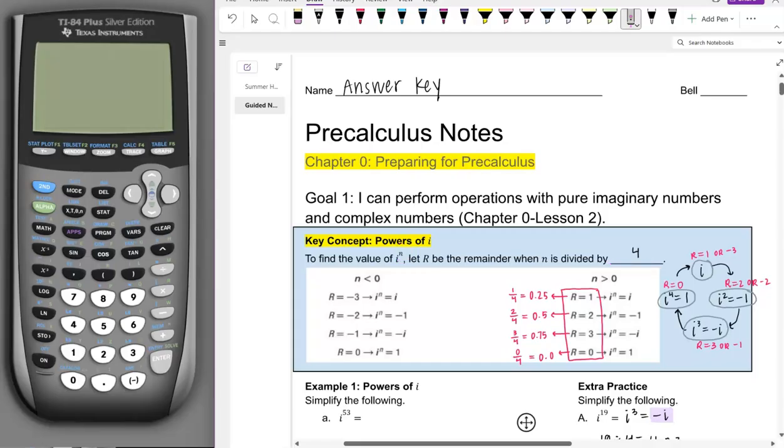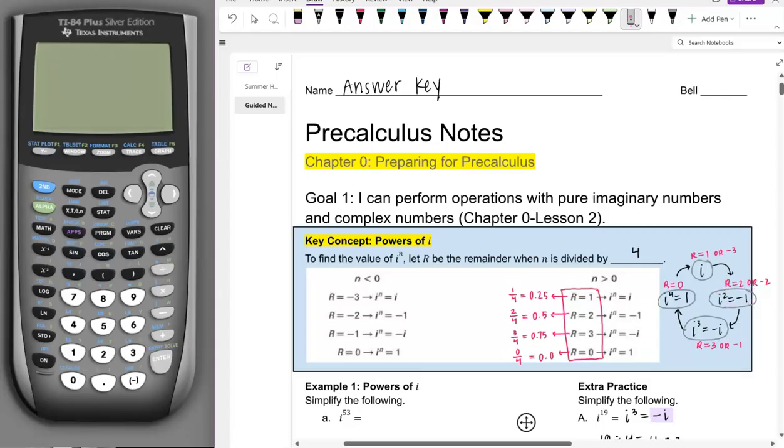The reason why you're dividing by 4 is because we noticed when we took Algebra 2 that i to the first power is just the square root of negative 1, but then when you raise i to the second power, you get negative 1. i to the third power simplifies to negative i. i to the fourth power, since that's i squared times i squared, you get positive 1, because negative 1 times negative 1 would give you positive 1.